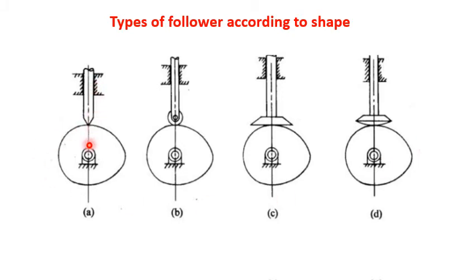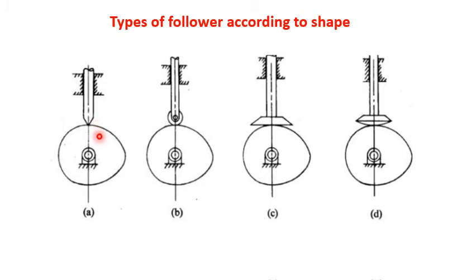In the knife edge follower, why is it called knife edge follower? The edge is in the shape of a knife. Since the sharp edge is in direct contact with the surface of the cam, damage to the surface of the cam takes place more frequently.